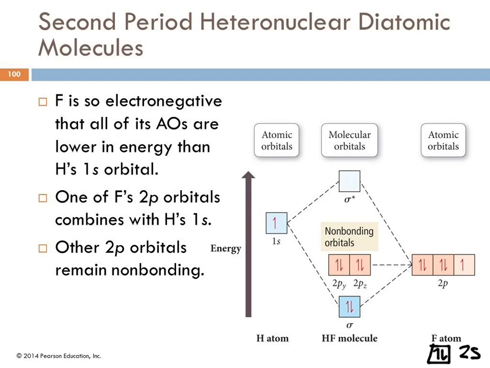Basically, they're just the atomic orbitals with their lone pairs in them. Hydrogen is only going to contribute its valence orbitals, and it only has the one valence orbital. It doesn't have any p orbitals to combine with the p orbitals from fluorine.